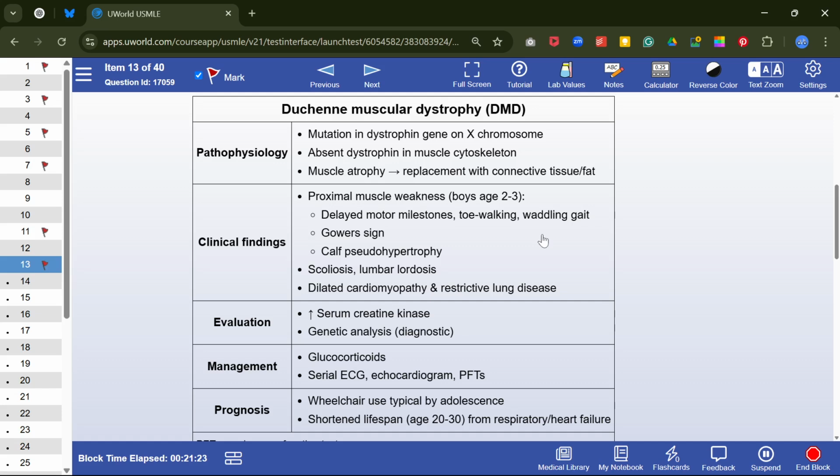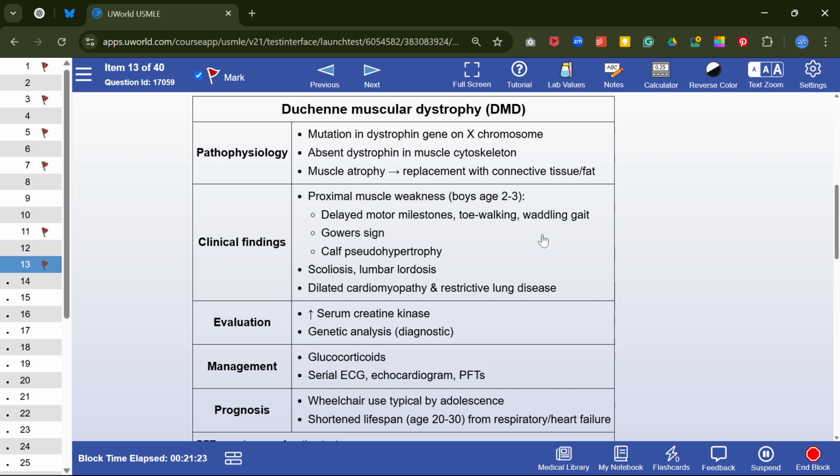Clinical findings: proximal muscle weakness in boys aged 2 to 3, delayed motor milestones, toe walking, waddling gait, Gowers sign, calf pseudohypertrophy, scoliosis, lumbar lordosis, dilated cardiomyopathy, and restrictive lung disease.